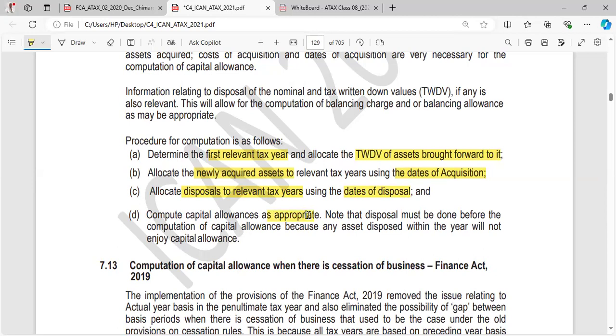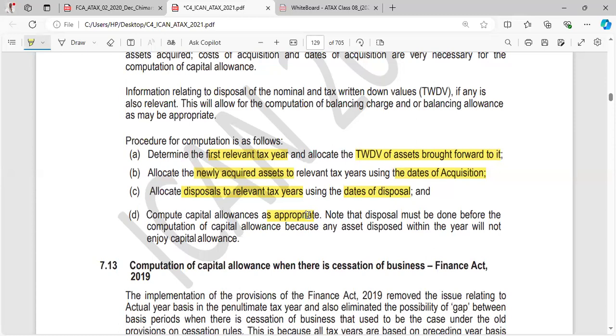So what it means here is that if you are in an existing business, say you are into your 6th year of business and you are running a January to December basis period. Now let's say in this particular year of assessment, you bought a new asset in March and you sold an old asset in October.